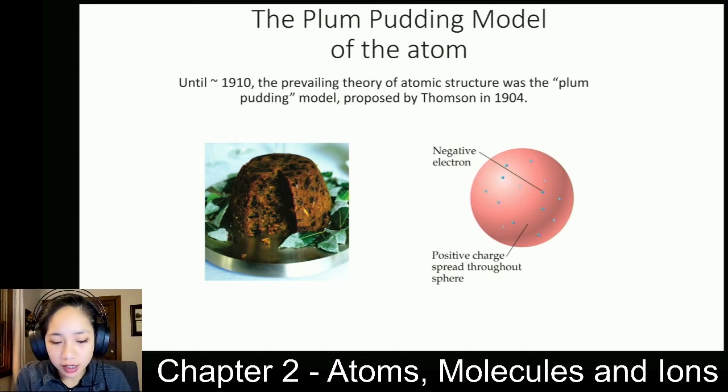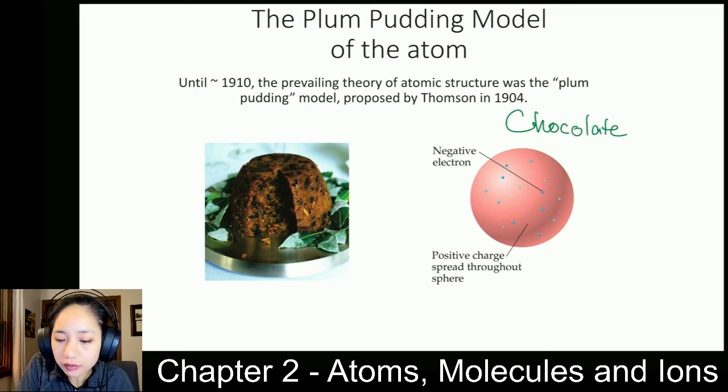This plum pudding model was proposed by Thomson in 1904. This model said that we have a sphere of positive charge throughout the atom, which is where the protons reside, and then we have negatively charged electrons sprinkled in it, kind of like a chocolate chip cookie. Okay, chocolate chip cookie, because I don't know what a plum pudding is.